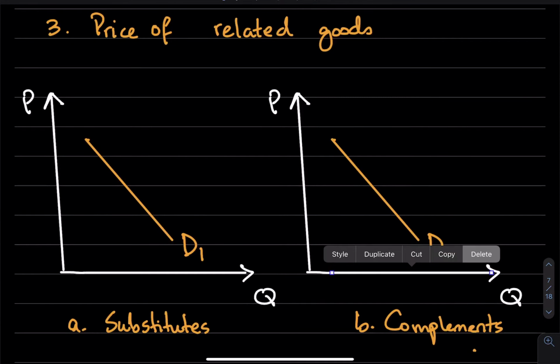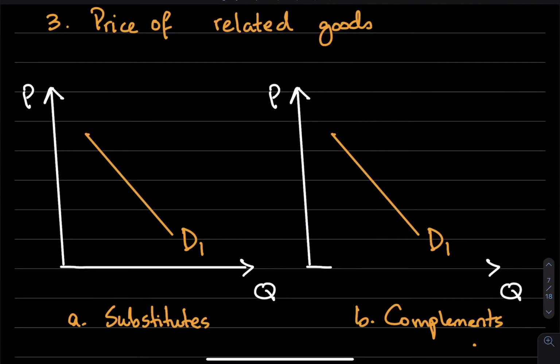Now moving on to the prices of related goods. Okay, so again we'll consider two different cases. This is a factor that affects demand and causes a shift in the demand curve. So when we are talking about prices of related goods and we are talking about substitutes, then we might want to take an example. Okay, so substitutes would be like laptops and maybe those high-end tablets that almost work like computers.